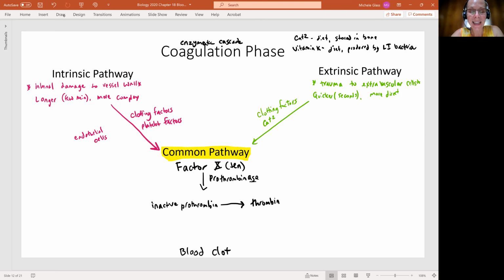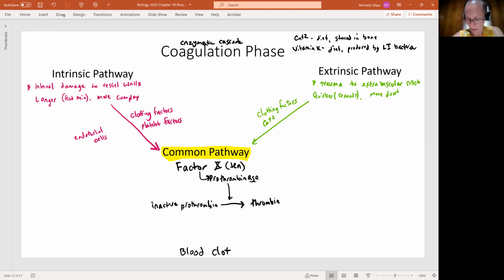Factor 10 activates the enzyme prothrombinase, and prothrombinase has to be present in order, maybe I should draw it that way. Prothrombinase has to be present in order to convert this inactive prothrombin into our active thrombin.